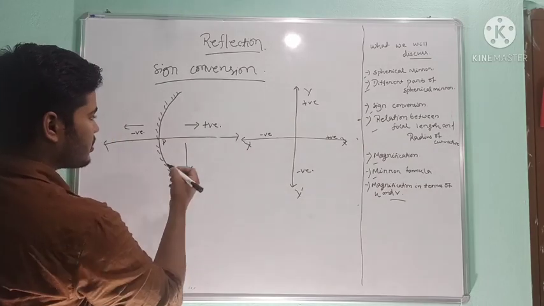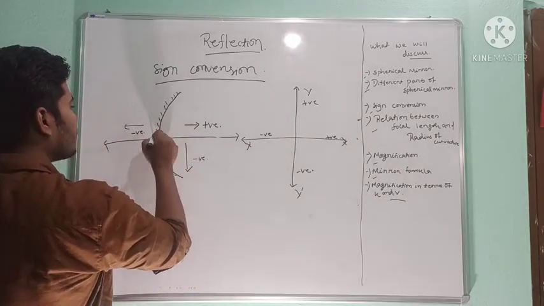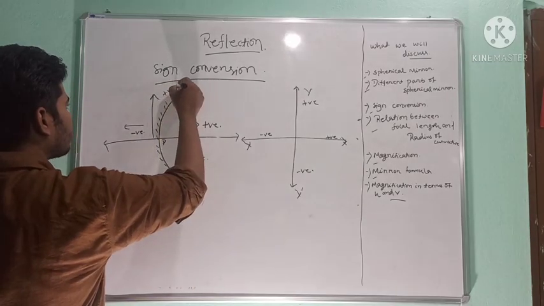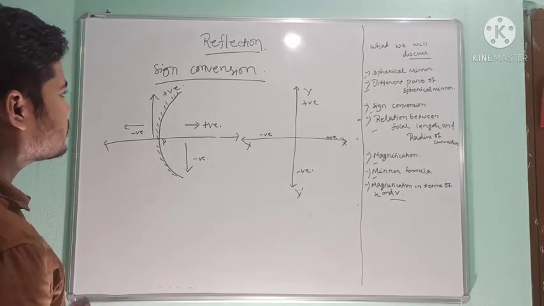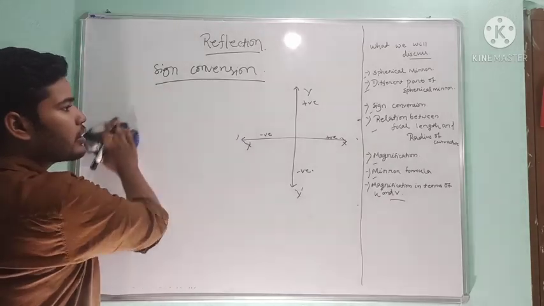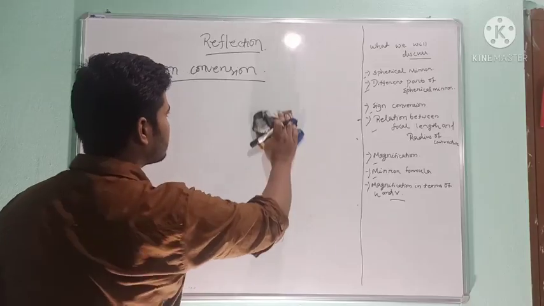Below the principal axis it will be negative, and above the principal axis it will be positive. Next we will discuss the relation between focal length and radius of curvature.